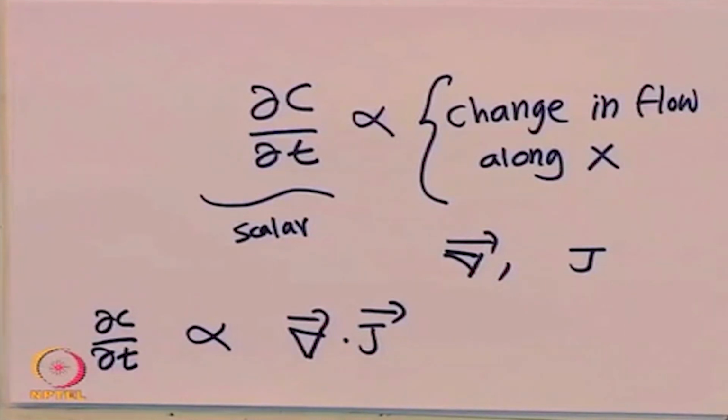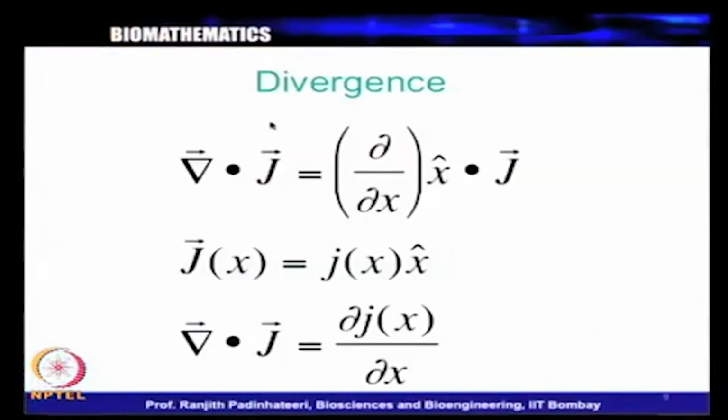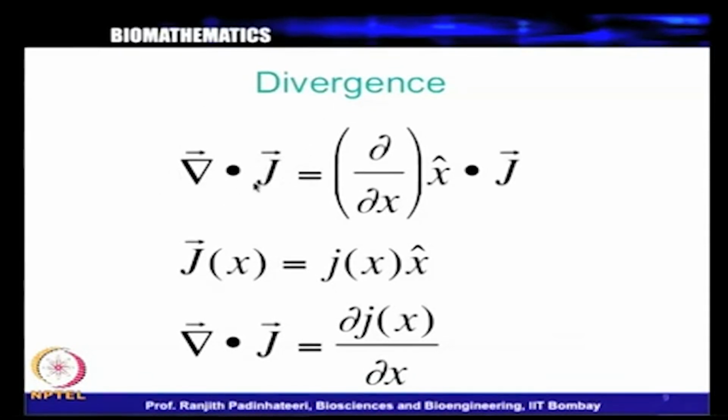Now, what does this mean? Let us have a look at it. So, we can define something called del dot j, as we said, and the del dot j is something called divergence. So, then in vector algebra, del dot j is called divergence. So, divergence of the function j is defined as del dot j, and this is del by del x x cap dot j.